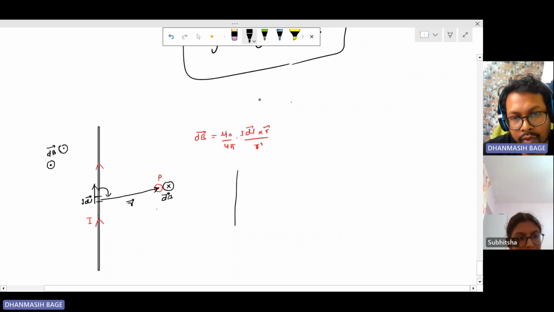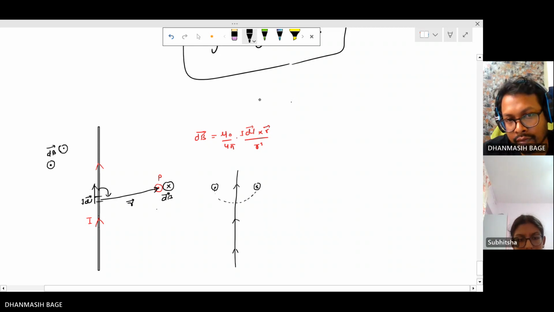One very important thing you already got: if there is a current carrying conductor, on one side it produces a magnetic field out of the screen. On the other side, it produces a magnetic field into the screen. But we know that it actually produces concentric circles. That is the magnetic field.